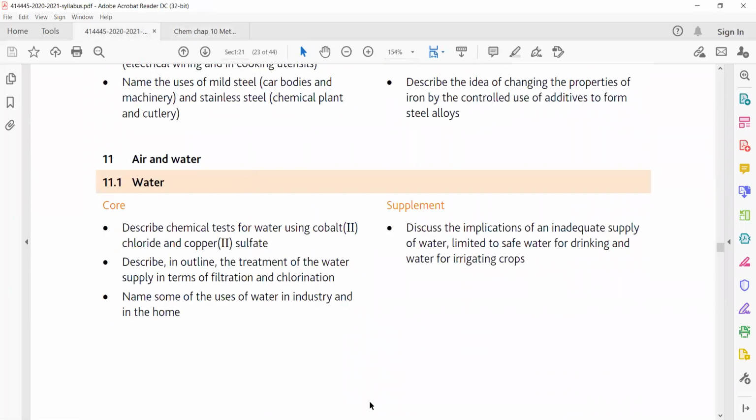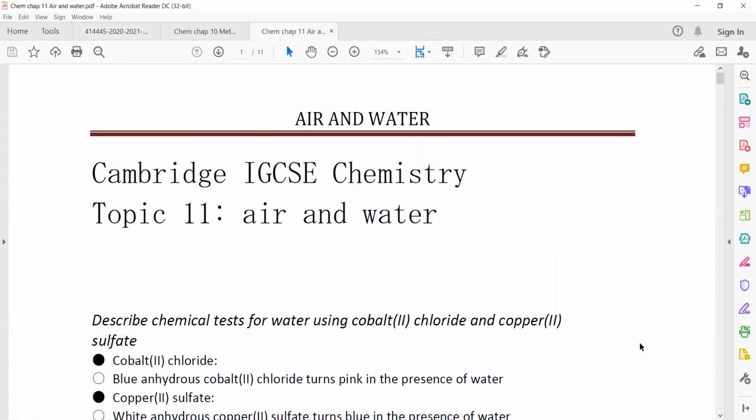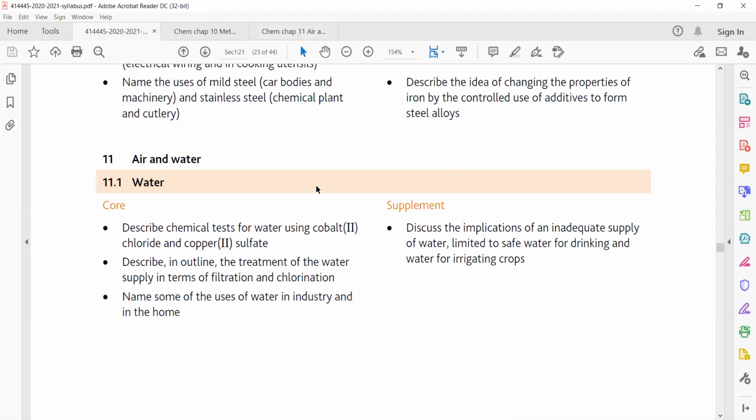Then the next topic is about air and water. First, describe a chemical test for water using cobalt chloride or copper(II) sulfate.